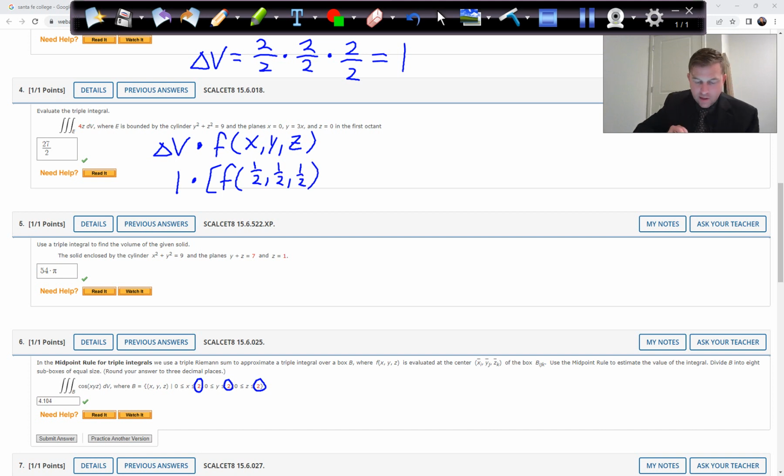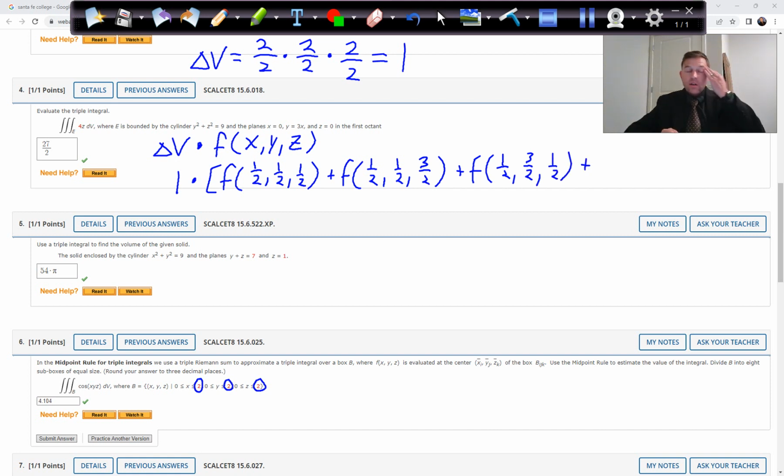So that would be the exact midpoint of these 3 segments. So from 0 to 2, 0 to 2, 0 to 2, we would do half of each of those segments. Then we would have plus, it's kind of a pattern here, 1/2, 1/2, and 3/2. And then we're going to have the function where we have 1/2, 3/2, and 1/2. So it's kind of like a combination.